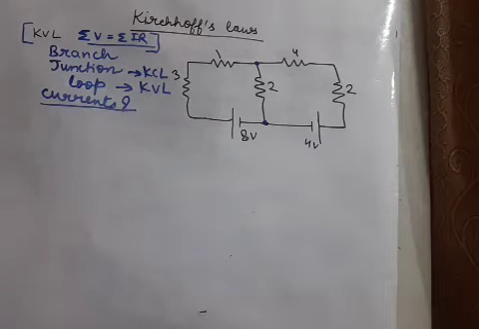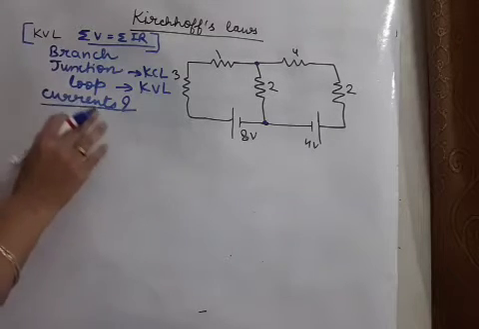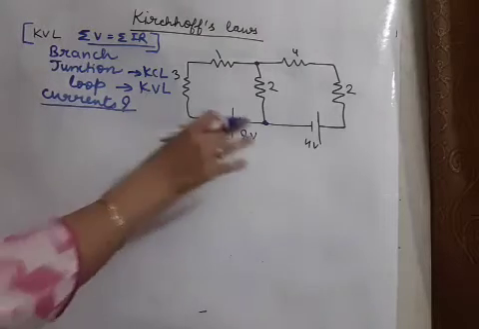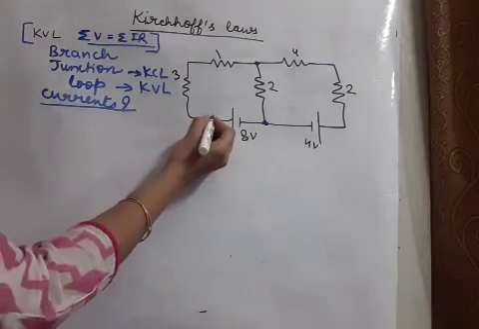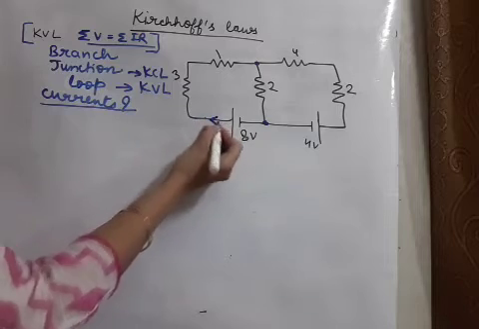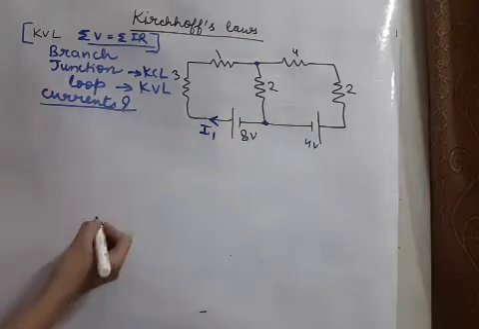Now let us start understanding this circuit. Our unknowns are the currents only, and how many there are, we will see in the circuit. First of all, we take a current from the positive of the first battery. We will call it I1.